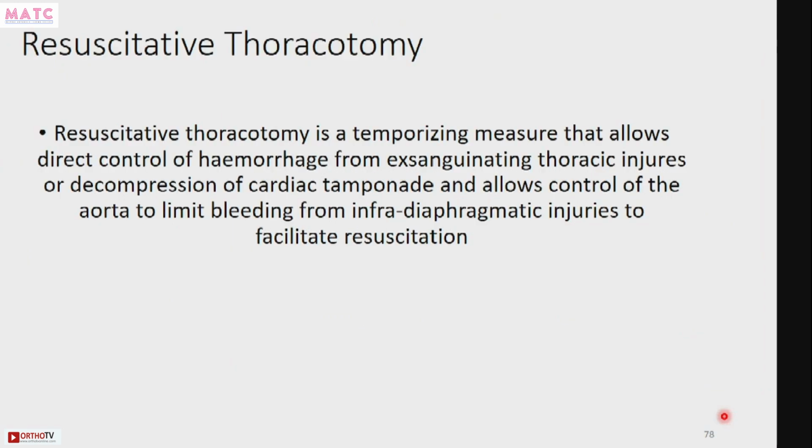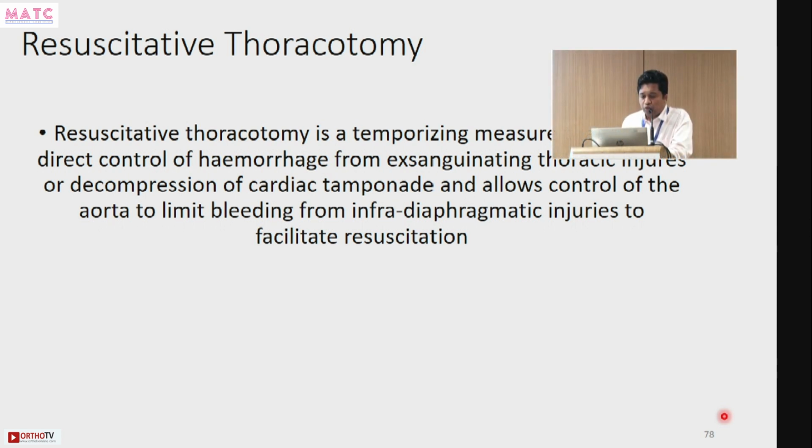Now, resuscitative thoracotomy, this is something which you may be called for or you may be a part of. Resuscitative thoracotomy is a temporizing measure that allows direct control of hemorrhage from exsanguinating thoracic injuries or decompression of cardiac tamponade, and allows control of the aorta to limit the bleeding from infradiaphragmatic injuries to facilitate the resuscitation.